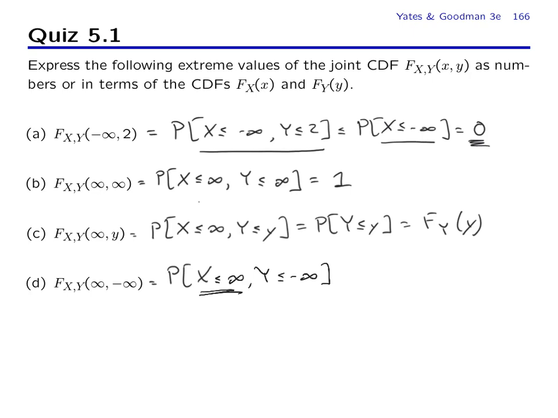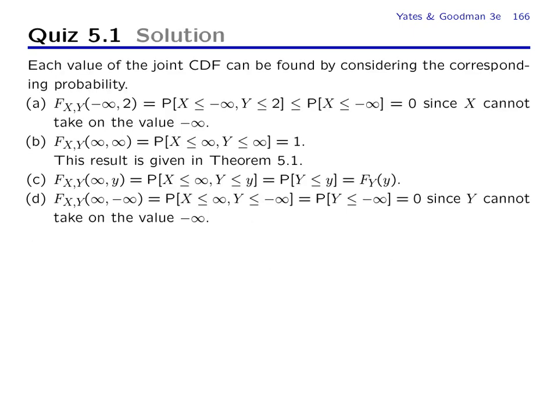So this joint event is the same as the probability y is less than or equal to minus infinity. And this event has probability 0 because y has to be something bigger than minus infinity.